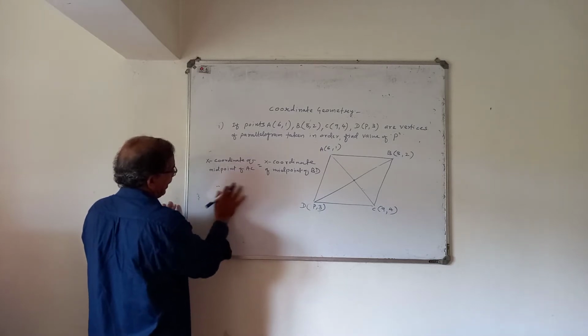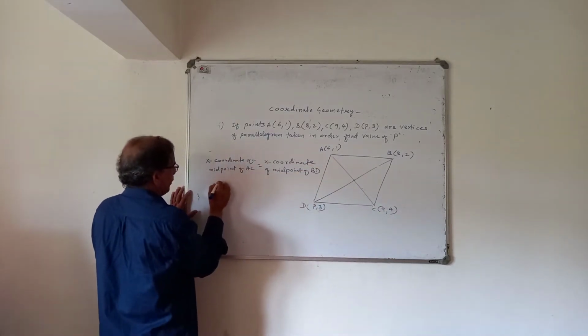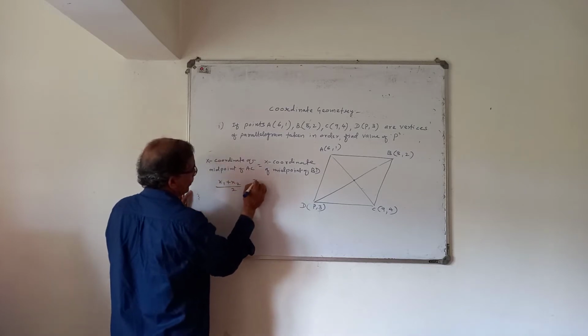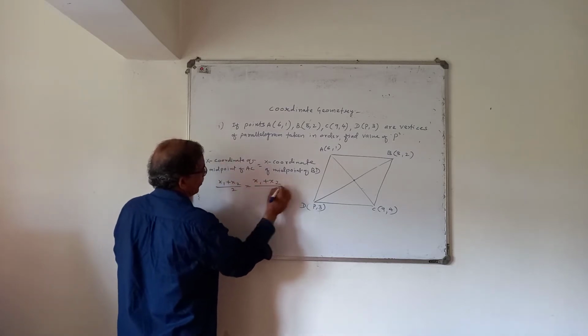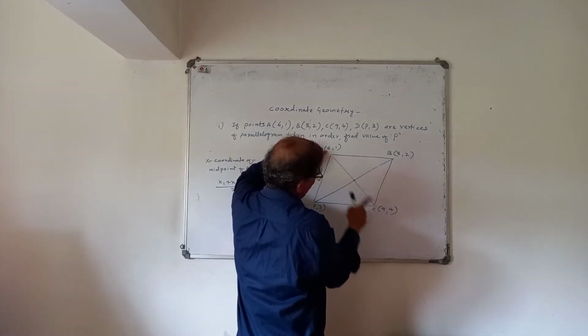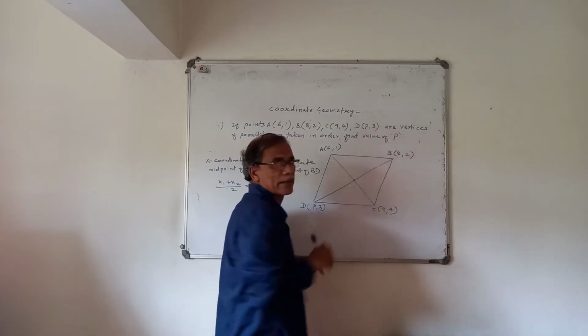So I shall write directly now, 6 plus 9, or I shall write like this, x1 plus x2 upon 2 should be equal to x1 plus x2 upon 2. When you calculate the midpoint of this, this will be x1, this will be x2.